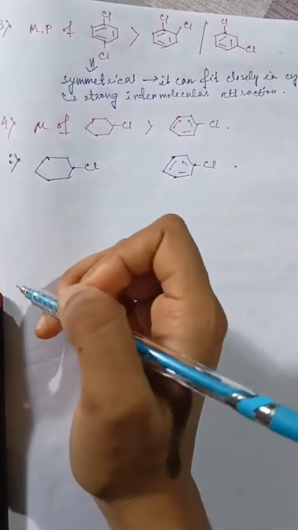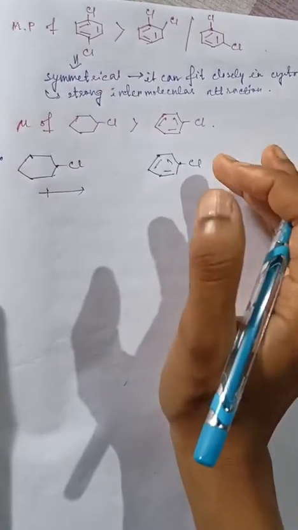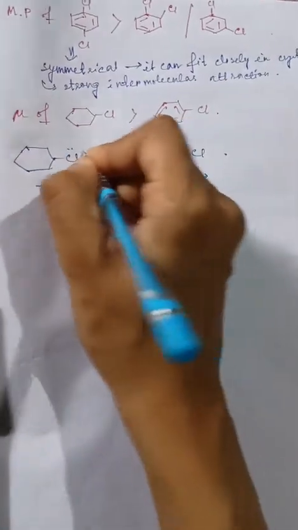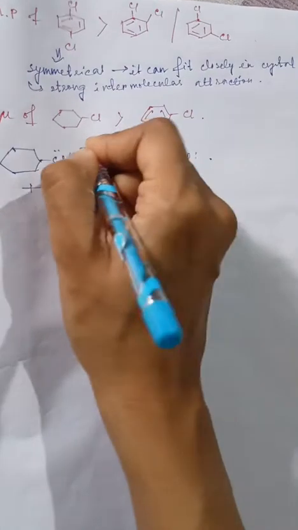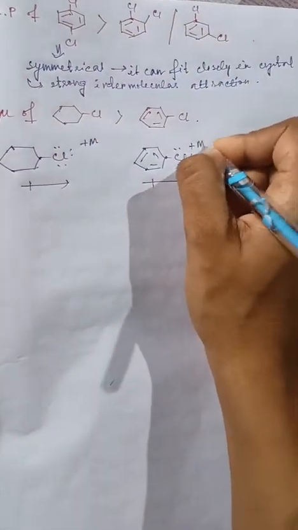The first reason is, we all know that chlorine is having minus I effect. Overall it has minus I effect, but it also has what? It has lone pairs, 3 lone pairs. So it is also having plus M effect.